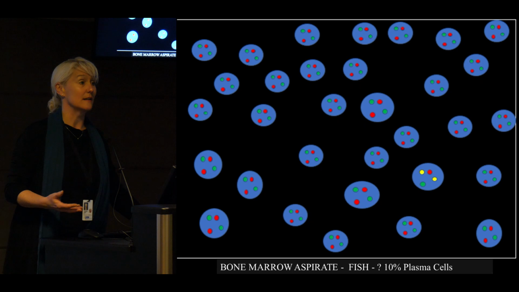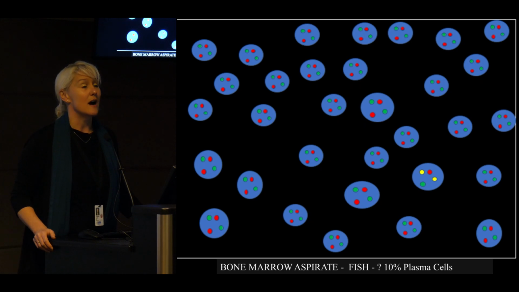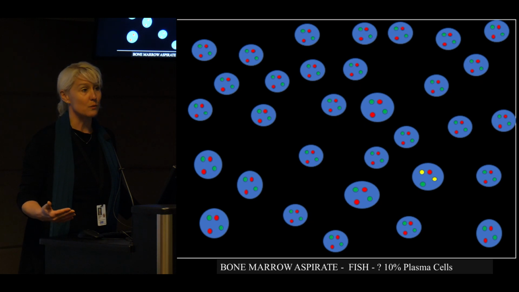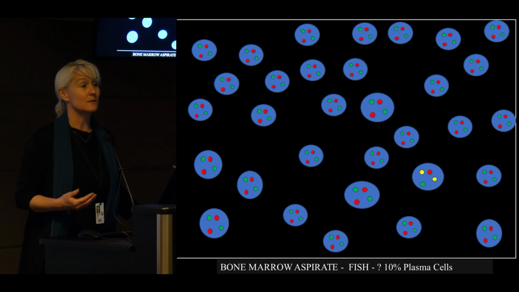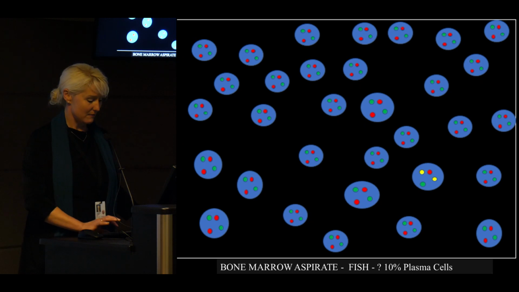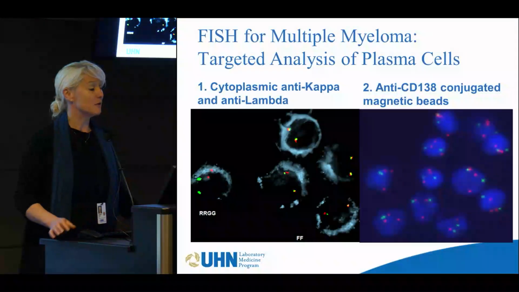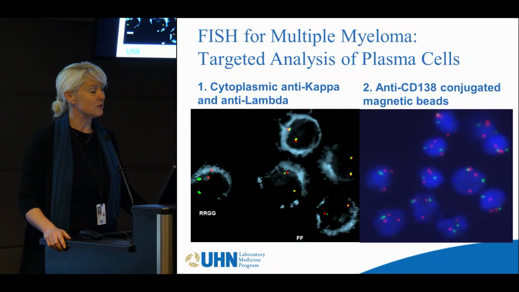Like for cytogenetics, for molecular risk stratification, we should be receiving the first aspirate, but we don't necessarily know which aspirate we're receiving. So thus, because of hemodilution and because of the focality of multiple myeloma disorders, we're never sure of what we're receiving.